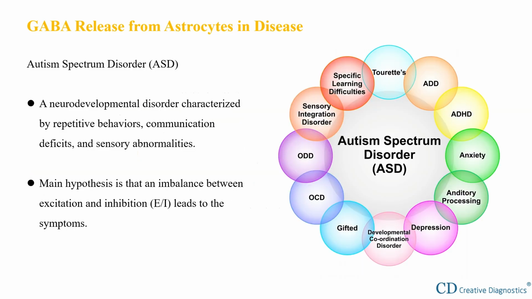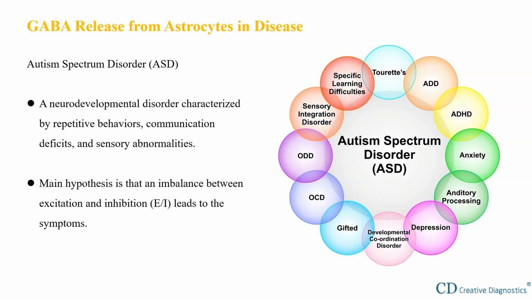Autism spectrum disorder, ASD, is a neurodevelopmental disorder characterized by repetitive behaviors, communication deficits, and sensory abnormalities. The cause of ASD remains unclear, but the main hypothesis is that an imbalance between excitation and inhibition (E/I) leads to the symptoms. An increased E/I ratio may result from changes in glutamatergic and/or GABAergic signaling.